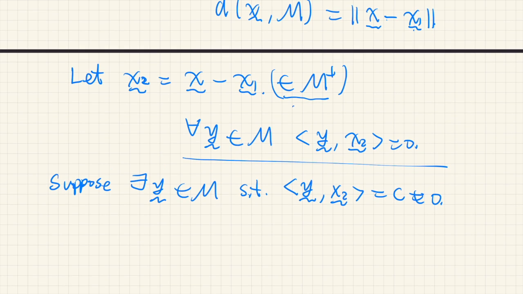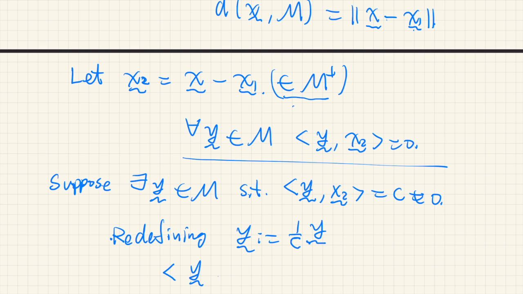By redefining y as y over c, we may assume that this inner product is 1 without loss of generality.